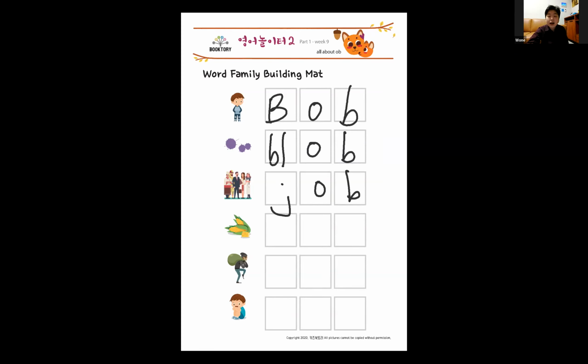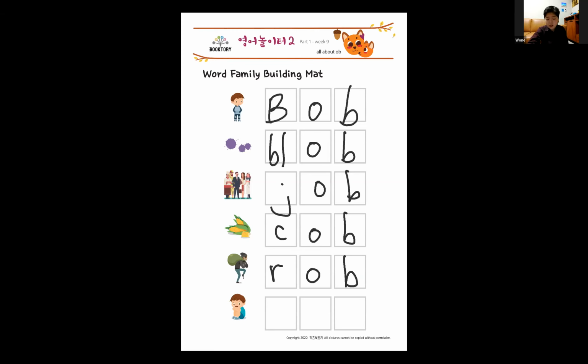The next one is cob. K, c, o, b, b, b. Next one is rob. R, o, b, b, b.